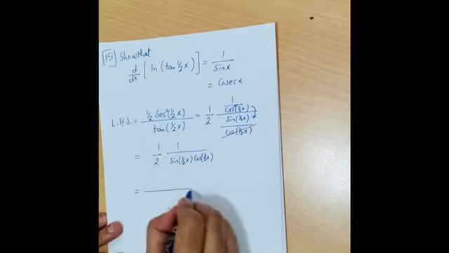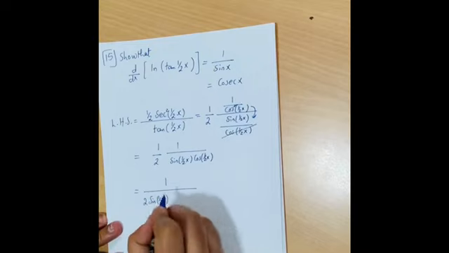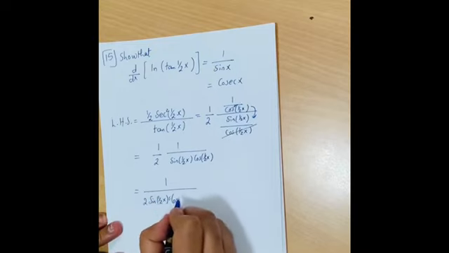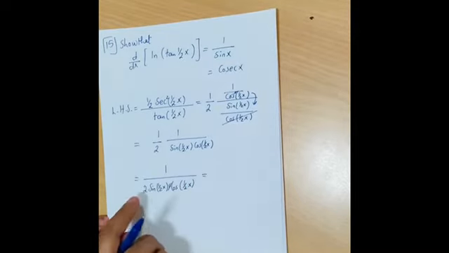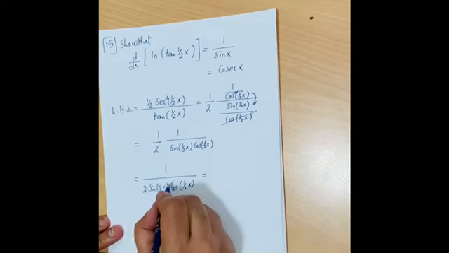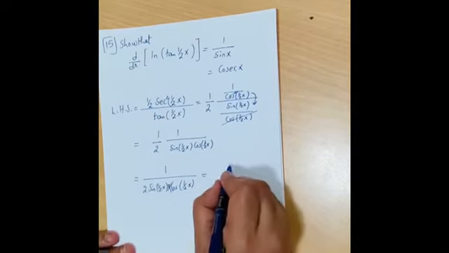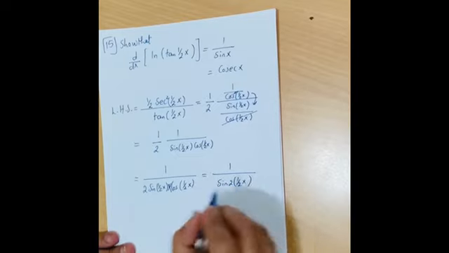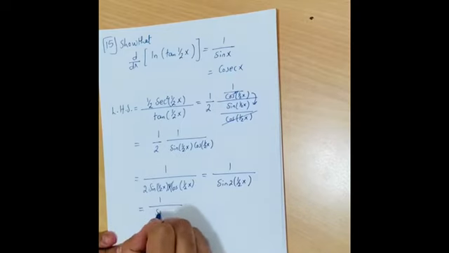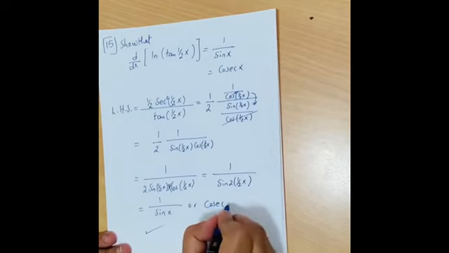Now by multiplying these two fractions, 1 over 2 sine of half x and cosine of half x. Now multiplying 2 by sine by cosine will give you sine of the double angle. This is the half angle formula, by the way. It's 1 over sine of double of half x, which is equal to 1 over sine x, proved, or cosec x equals the right hand side.